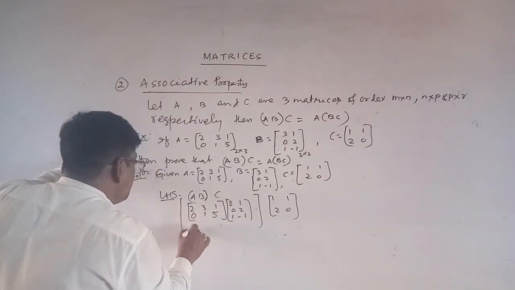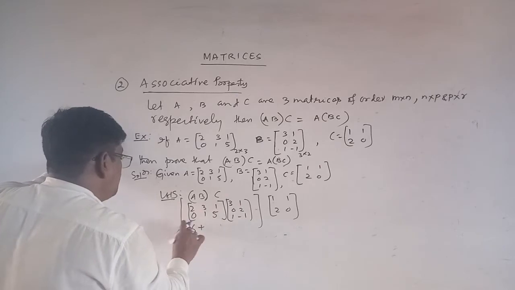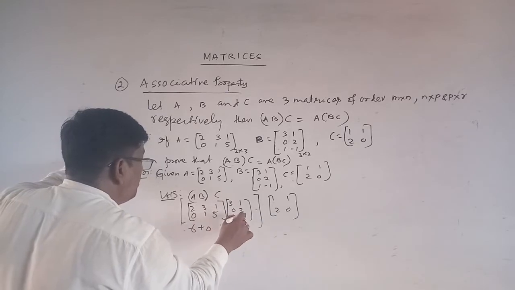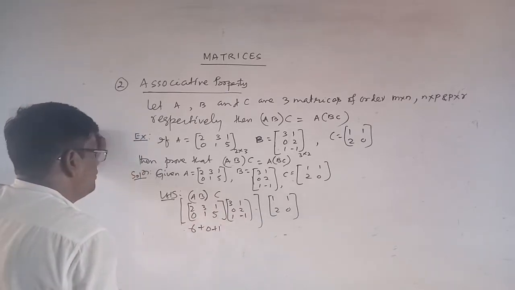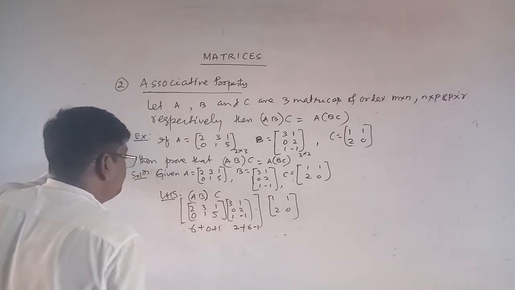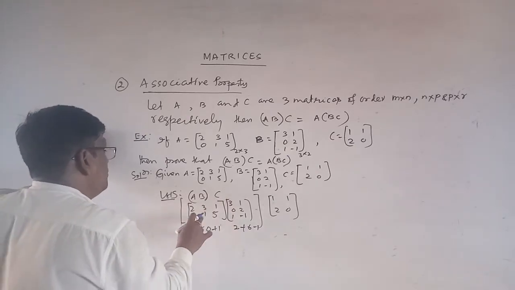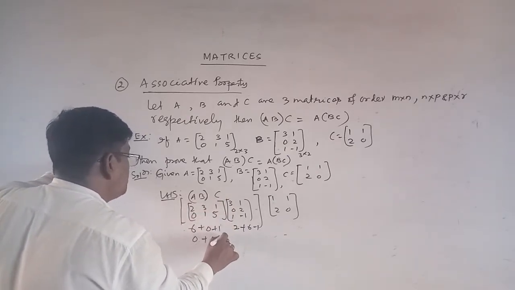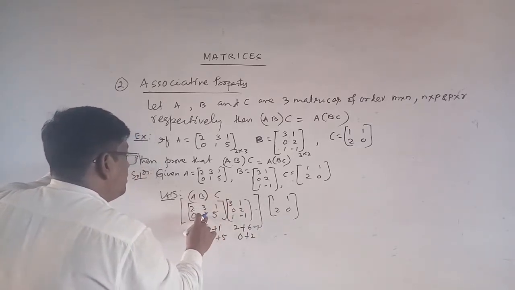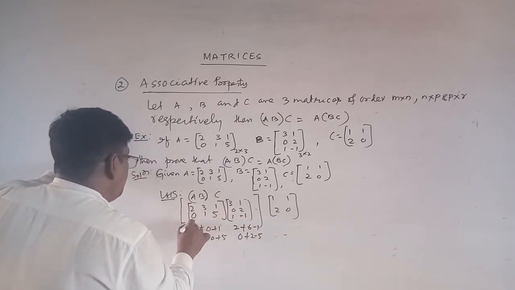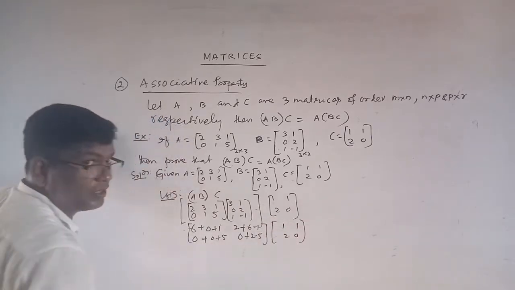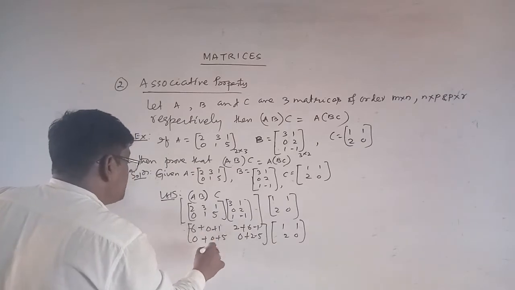Now multiply this. 2 into 3, 6. 3 into 0, 0. 1 into 1, 1. So 2 into 1, 2, 3 into 2, 6, 1 into minus 1. 0 into 3, 0, 1 into 0, 0, plus 5. 0 into 1, 0, 1 into 2, 2, and 5 into minus 1, minus 5. This into 1, 1, 2, 0. Okay, now 6 plus 1, 7.